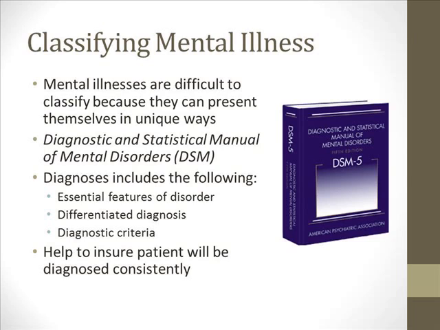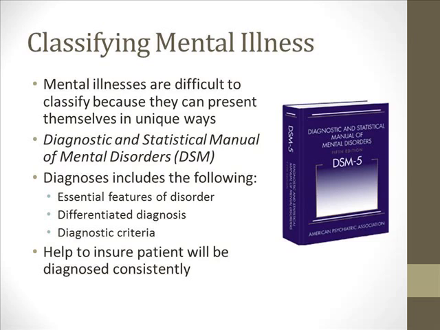The DSM is a big old book that tries to walk scientists, physicians, psychologists through the process of classifying and diagnosing people suffering from mental illness. And it tries to do it in such a way that it's consistent. So every single time a person that has these symptoms and is suffering from this disorder will be classified as such. So we're trying to take the guesswork out of it a little bit.